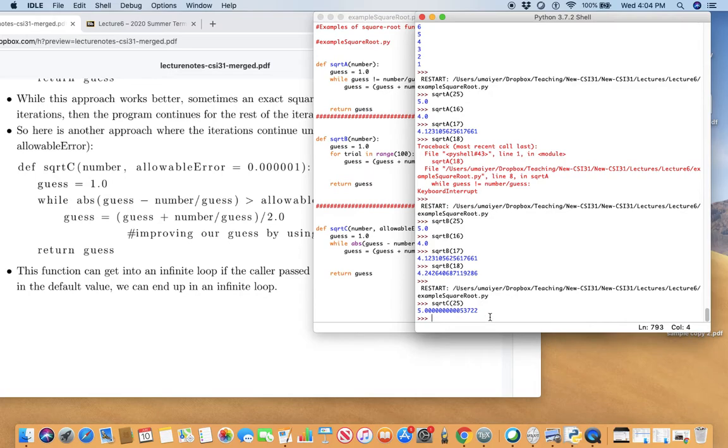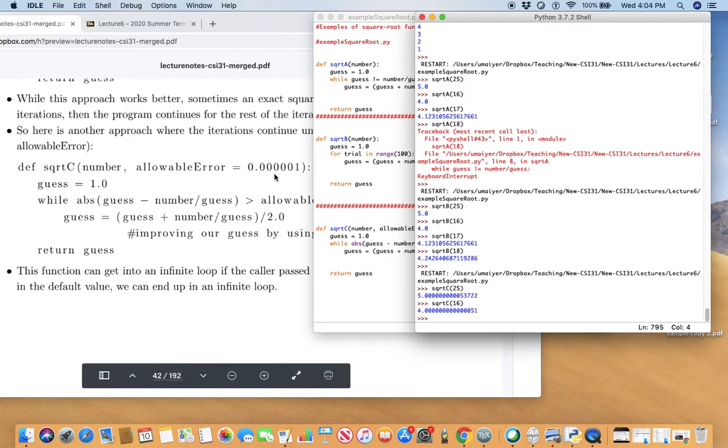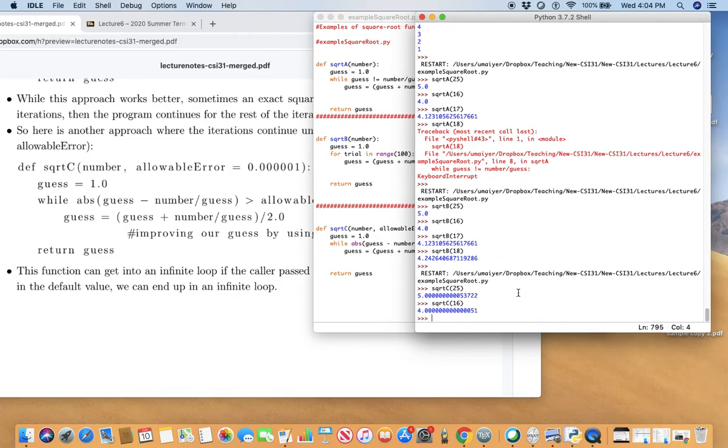So you found an approximation well within the allowable error and the program stopped. That's why you have an approximate value. Square root c of 16. Let's see what happens here. Again, you found an approximation well within the allowable error, so we got out of the while loop and found an approximate value. It did not keep improving until you got the correct answer.